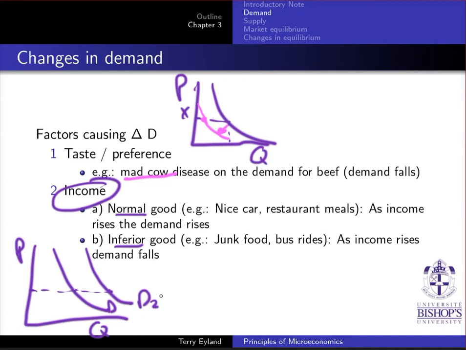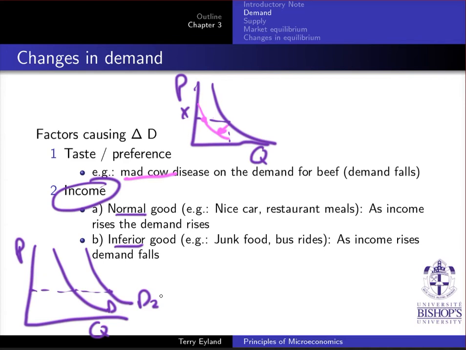So think of inexpensive food, bus rides, things like that, so Kraft Dinner or anything you do because it's your cheapest option, not because you love it. Those things, as your income rises, you actually do less of because you're like, I can get away from having to deal with this now.